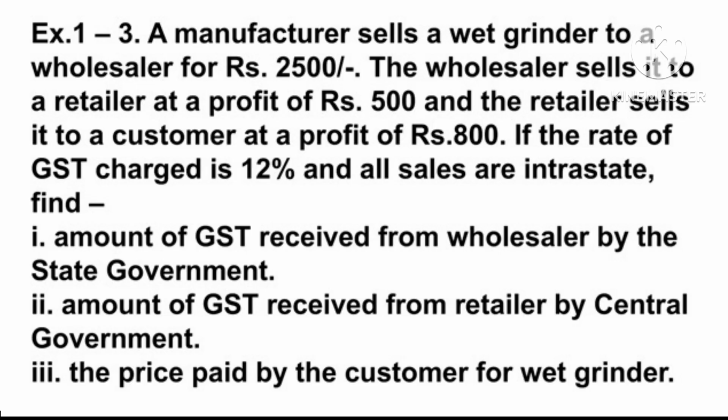If the rate of GST charged is 12% and all sales are intrastate, find 1. Amount of GST received from wholesaler by the state government. 2. Amount of GST received from retailer by the central government. 3. The price paid by the customer.